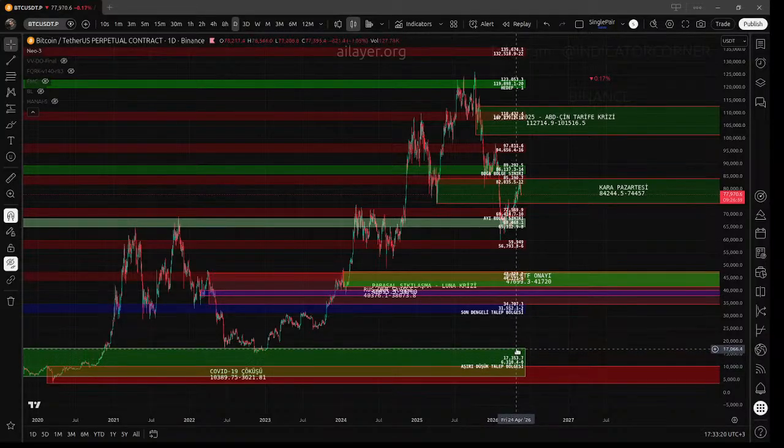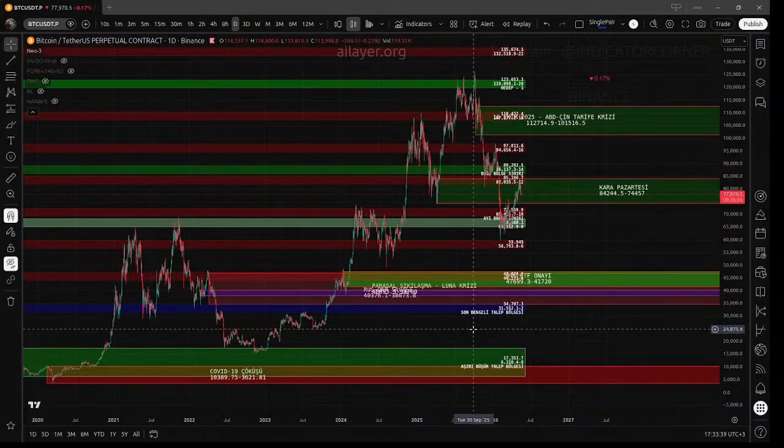In my opinion, I am not expecting these levels. Maybe wicks to the 30Ks or 25Ks are acceptable in the weekly period, but not a close under this area. This is the blue area.